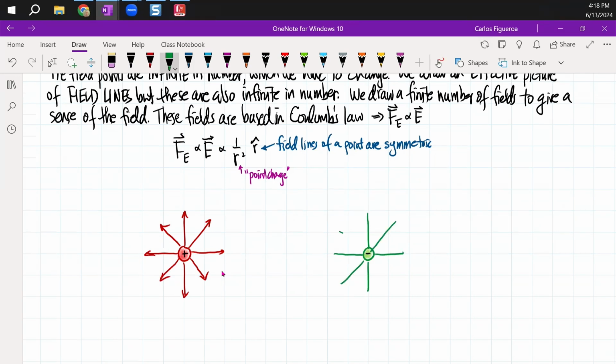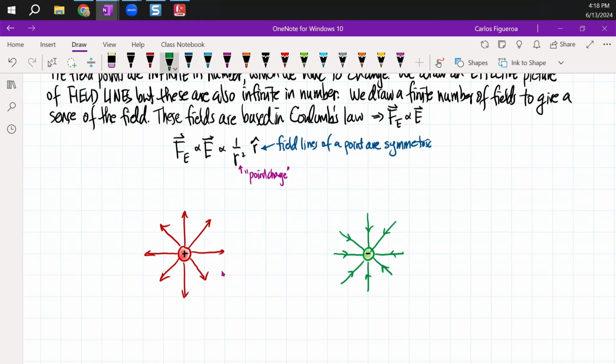And that's what we really want here. So when I look at a negative charge, it looks like the field lines are going into the charge. If I look at the positive charge, it looks like it's going away from the charge.